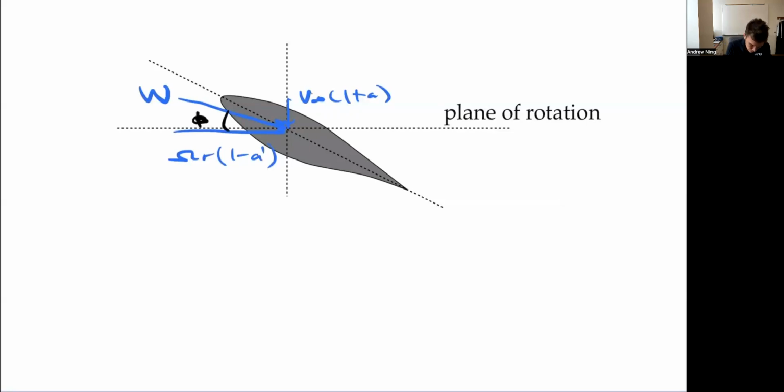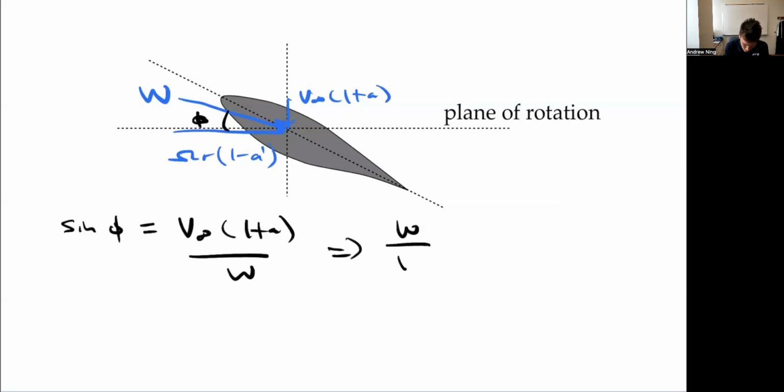I could do it in one of two ways, right? So for example, I could see that the sine of phi is this opposite over hypotenuse. So that's V infinity 1 plus a over w, or in other words, w over V infinity, which is one of those terms that appeared in my equation, is 1 plus a over sine phi. Or I could use the cosine.